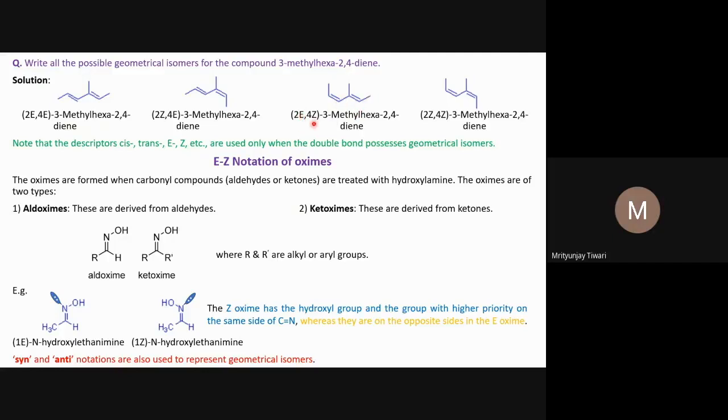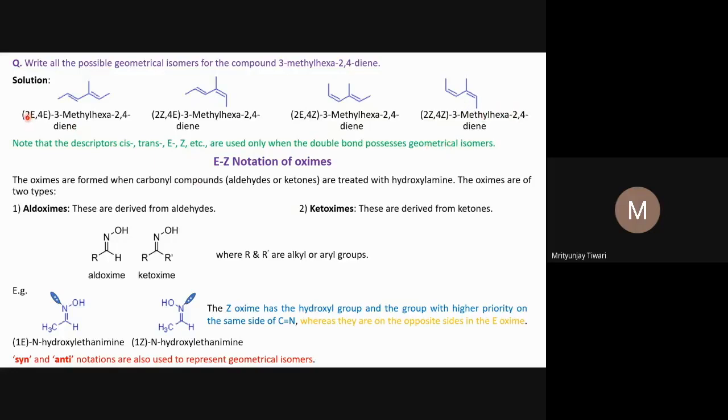So this is 2E,4Z-3-methylhexa-2,4-diene. Now if you look at this isomer, we have changed this one also. This was E, now we bring this group down to make it Z as well. So this becomes 2Z,4Z-3-methylhexa-2,4-diene.